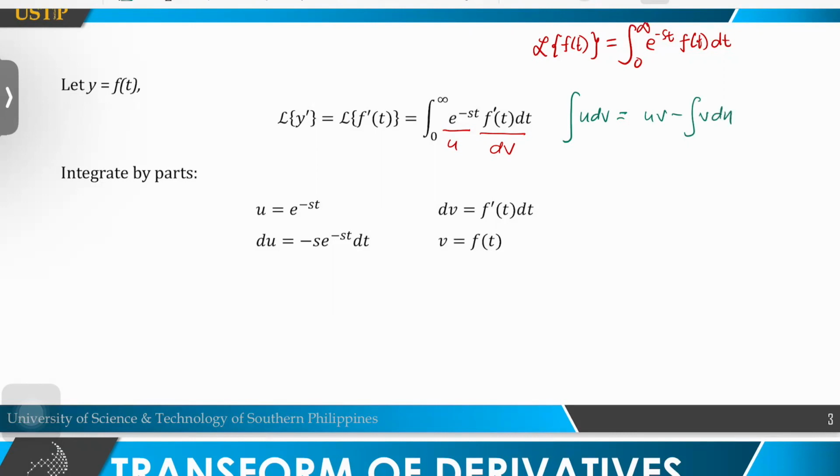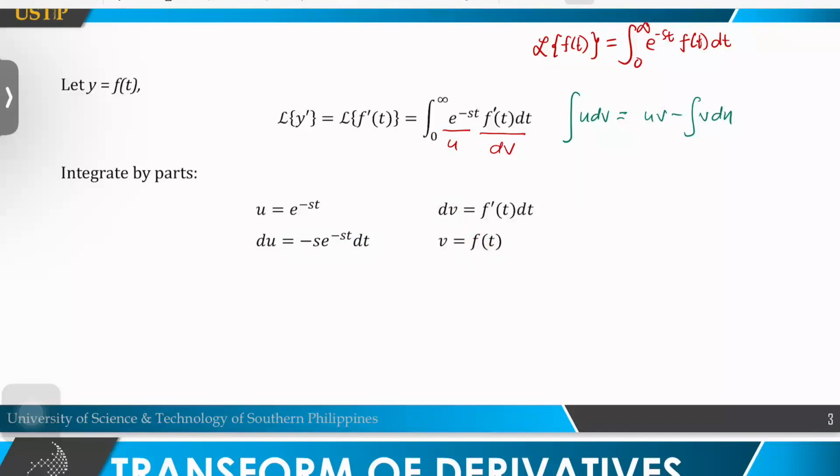Defining u and dv, we have u equal to e to the negative st, and dv is f prime of t dt. So we must get du, and that is negative s e to the negative st dt. Getting v, the antiderivative of dv, that is just equal to f of t.